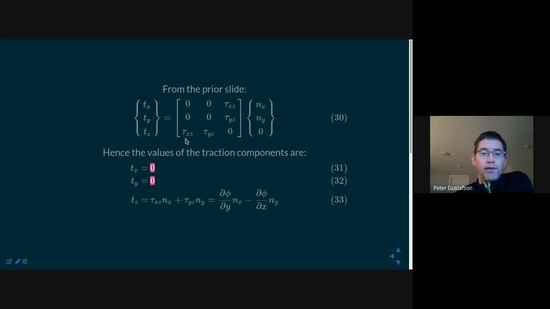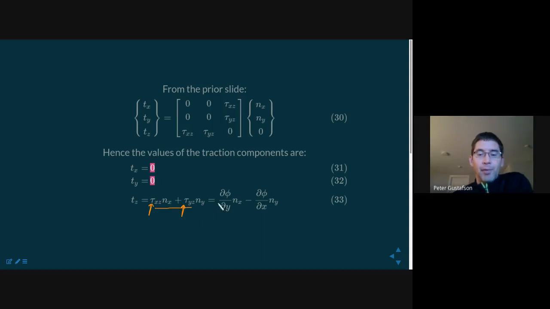And the last one is going to be tau xz nx plus tau yz ny. So that's what we're seeing here. And now, like we did before, we recognize that these stresses can be replaced by the Prandtl stress function phi. So this now becomes dphi/dy nx minus dphi/dx ny.